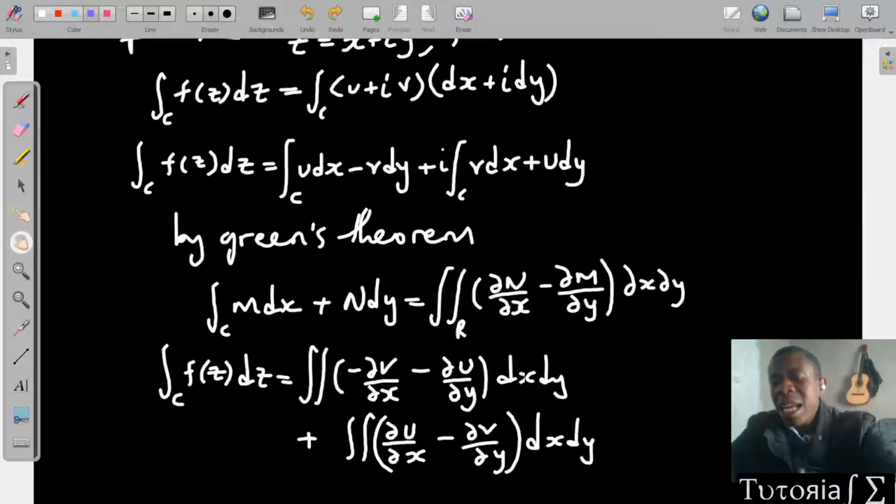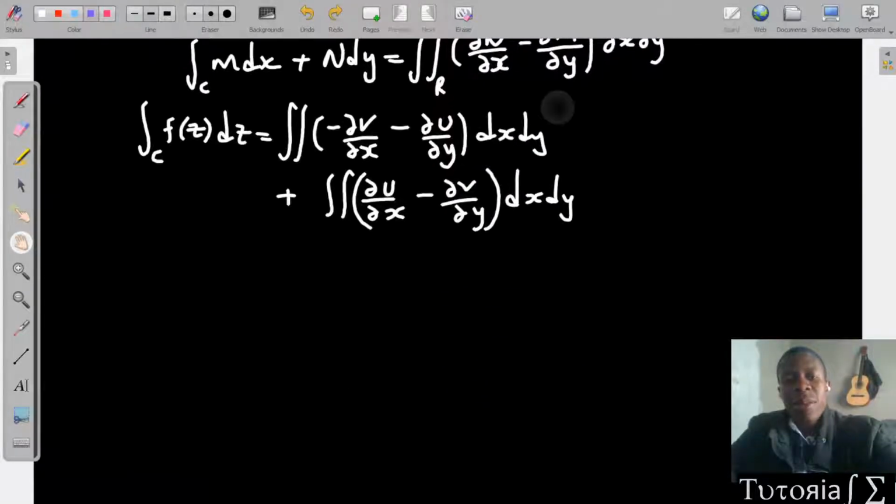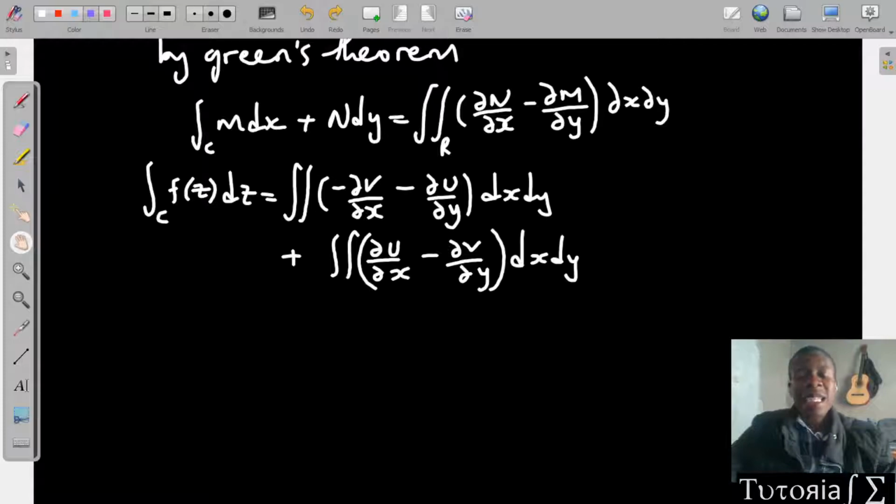Now remember we said f of z is analytic, all right? So since f of z is analytic, then the CR equations should hold.